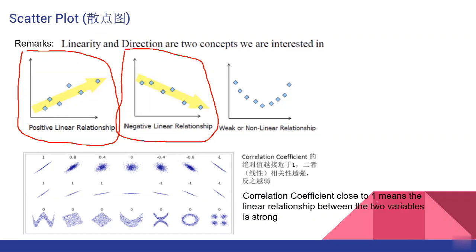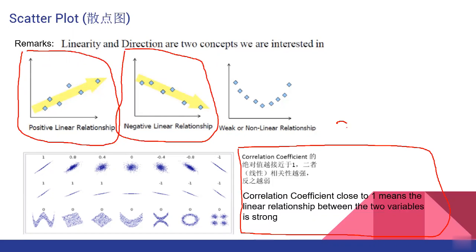A correlation coefficient close to 1 means a linear relationship between the two variables is strong. We'll discuss this later in the second half of Unit 3, so don't worry about this now.